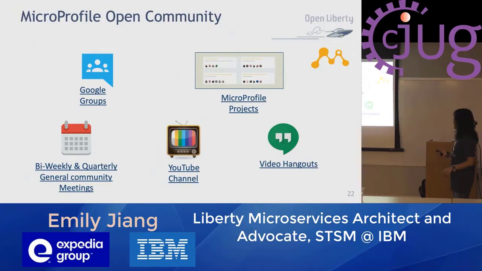For email communication, we use Google Groups. We also have a website, microprofile.io. Later on, we have a Slack link to join. And we have a bi-weekly, all-community hangout. Basically, we all join together, discuss all kinds of issues and plan ahead. So it's really good.